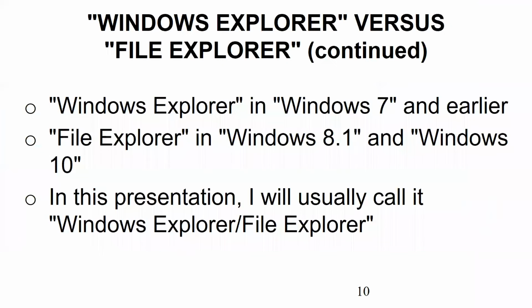That opens up, in the case of Windows 8 and 10, something called File Explorer. And before Windows 8, they called it Windows Explorer. So I'm going to call it, so that I don't confuse all of you, Windows Explorer / File Explorer, because I have to deal with every version of Windows known to man as a volunteer for all these users groups.